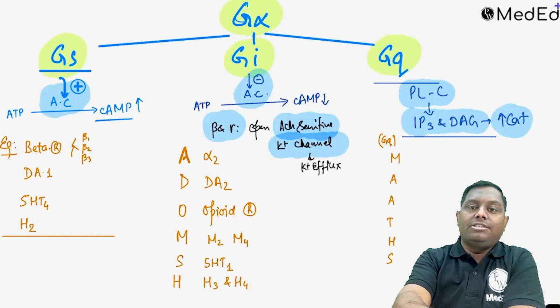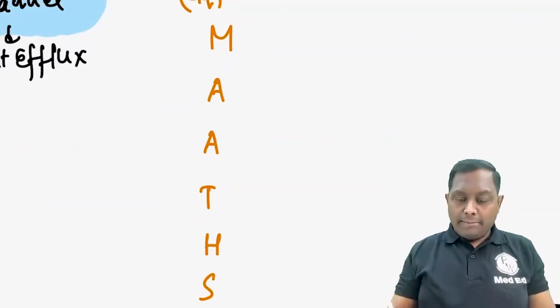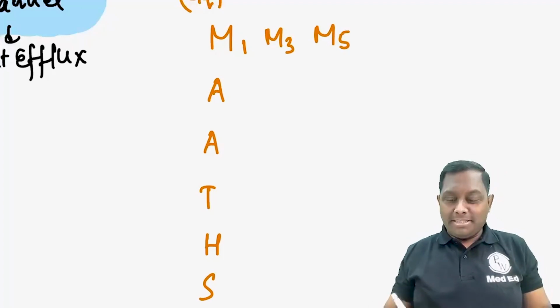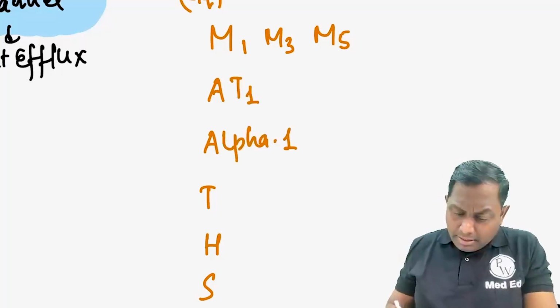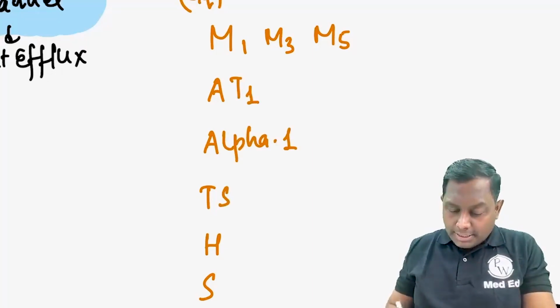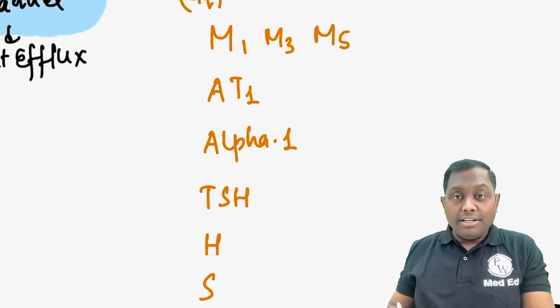Okay. So for GQ remember the mnemonic MATHS, and MATHS stands for M1, M3, M5, all the odd numbers, A1, T stands for your TSH, H for histamine. Which histamine? Again H1.